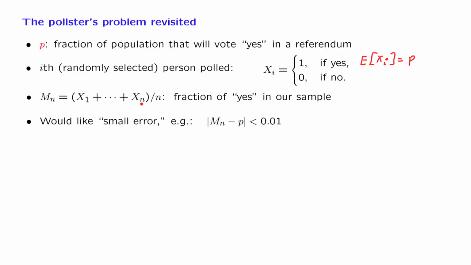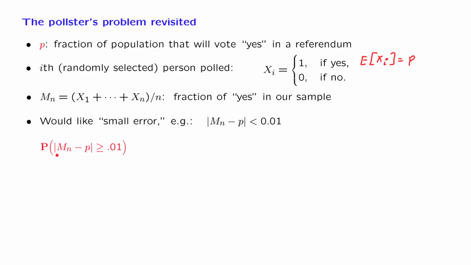We would like the error in our estimation to be small, that is, the difference between the sample mean and the true value p to be less, let's say, than 1 percentage point. Now, there's no way of guaranteeing that this spec will be met with certainty unless we sample almost everyone in the population, but what we can do instead is to ask that these specifications are violated with only a small probability.